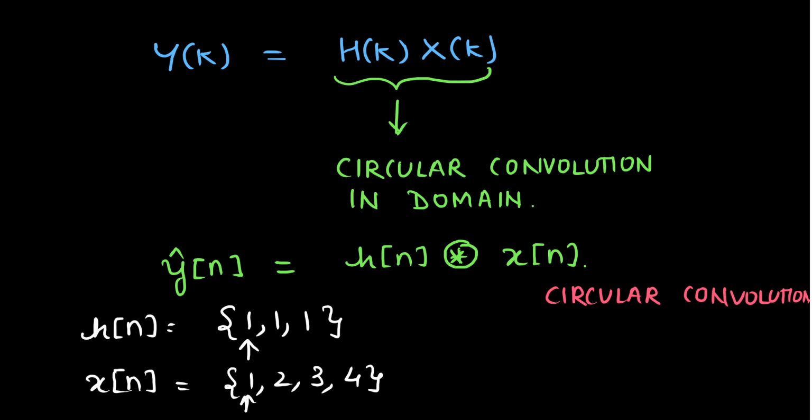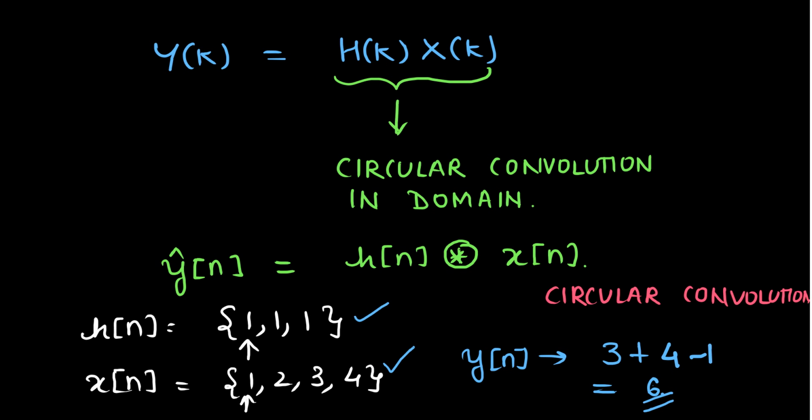When we take the convolution, it results in y of n whose length is length of h of n plus length of x of n minus 1, so it would be 3 plus 4 minus 1, which is equal to 6. So we would be getting y of n as a 6-length sequence.